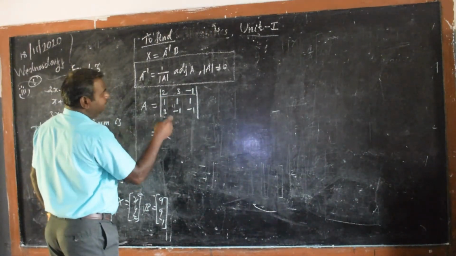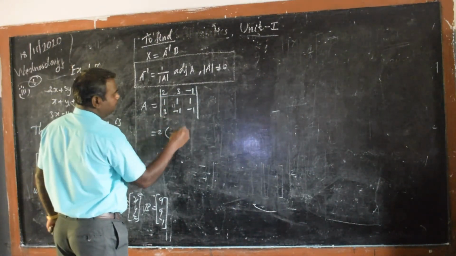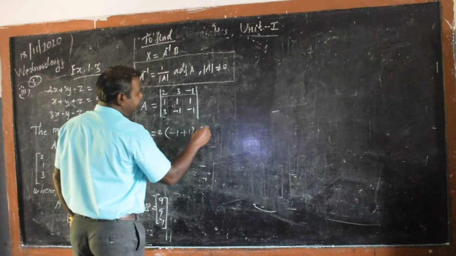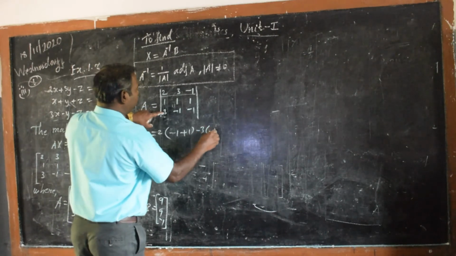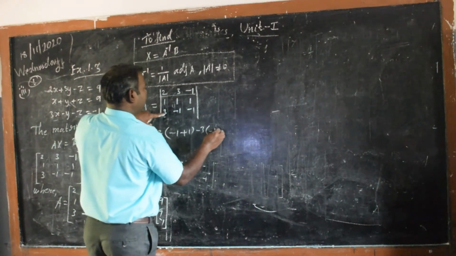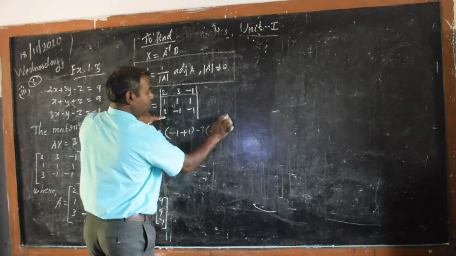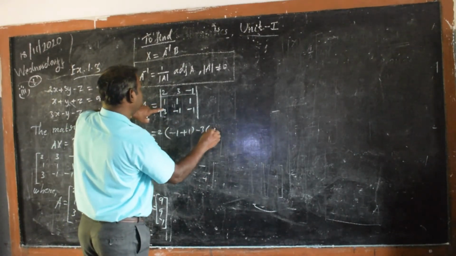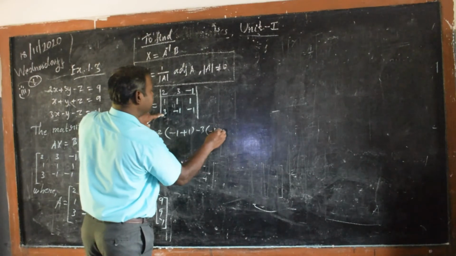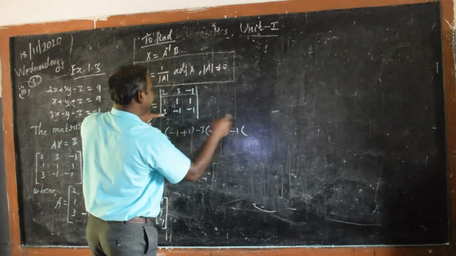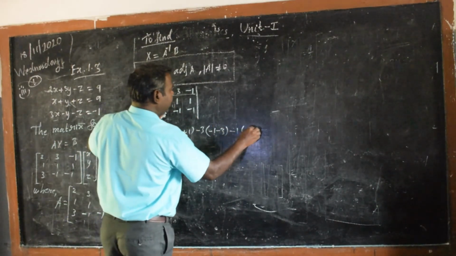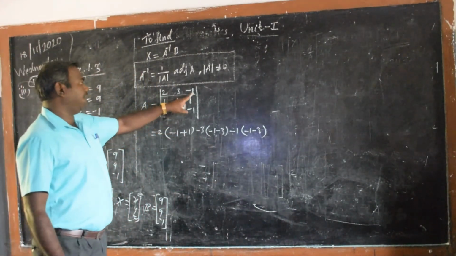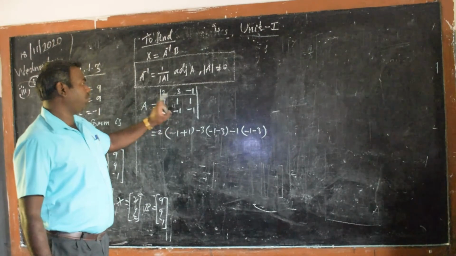So 2 into (minus 1 plus 1), minus 3 into (minus 1 minus 3), minus 1 into (minus 1 minus 3).